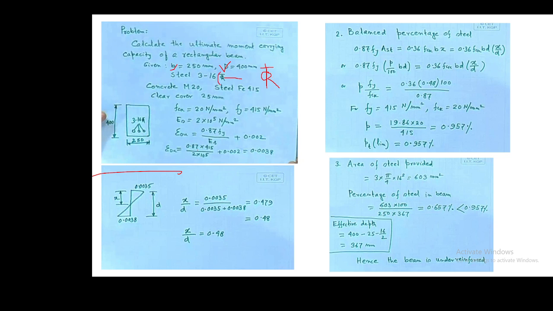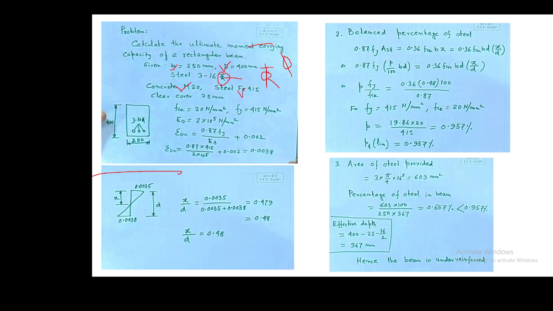This symbol is for the TMT or CTD bars we can say, and only the phi symbol is for the mild steel. Good. The concrete strength is also given as M20, and steel is also given as Fe415.